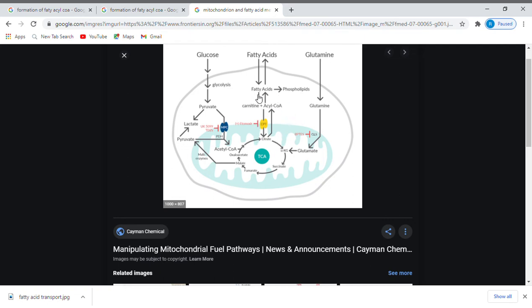Initially the fatty acid is transformed into fatty acyl coenzyme A. Then they are combined with something called carnitine and transported into the mitochondria. We are going to see this process in a little bit of detail.